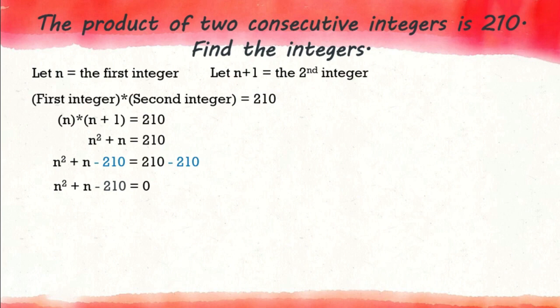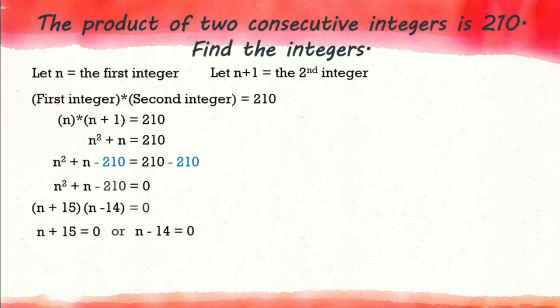So we have positive 15 and negative 14. So we have n plus 15 and n minus 14 equals 0. Equate each factor to 0. So we have n plus 15 equals 0 and n minus 14 equals 0.